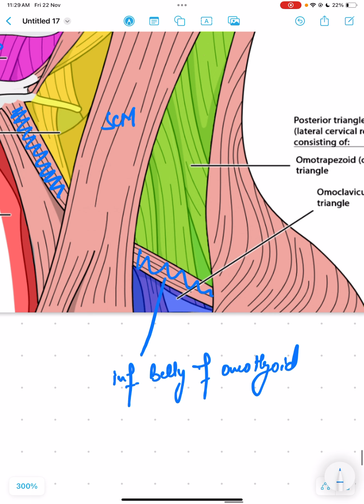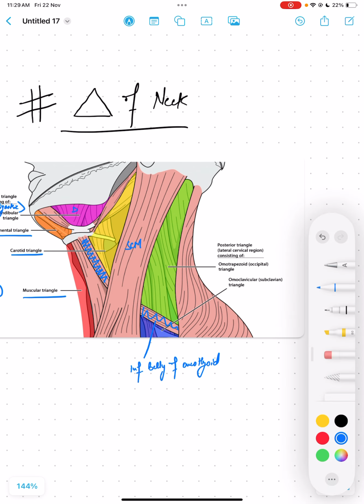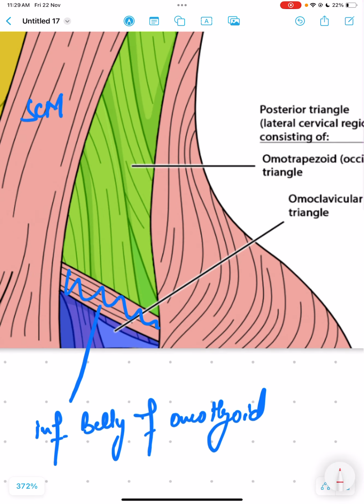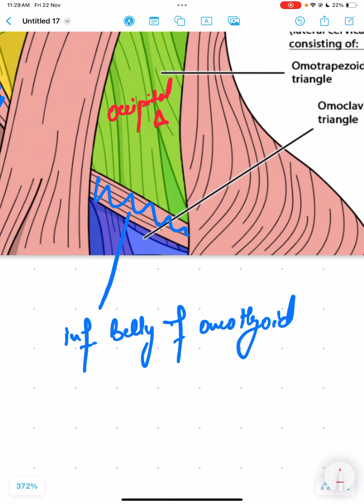The posterior triangle is divided into two parts with the help of the inferior belly of omohyoid. The first part is called the occipital part, and the downward part is called the supraclavicular part. So this is first and this is second.